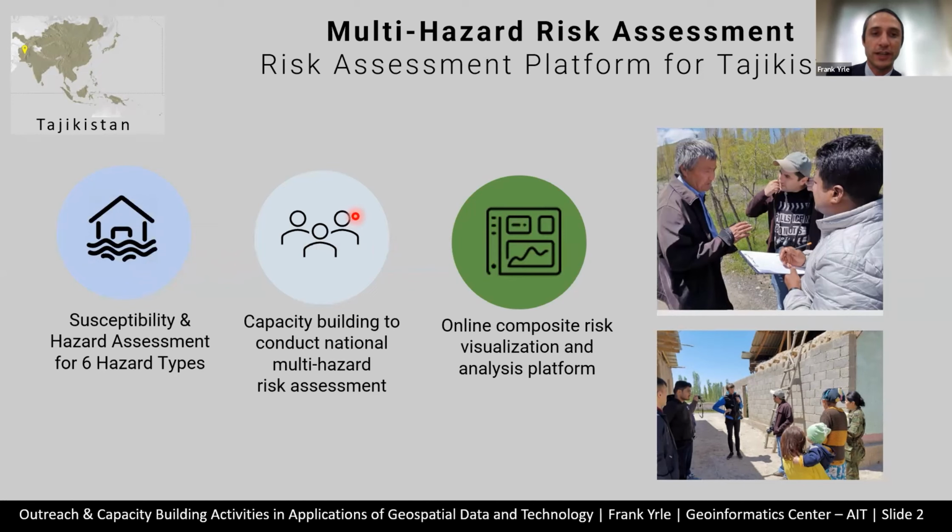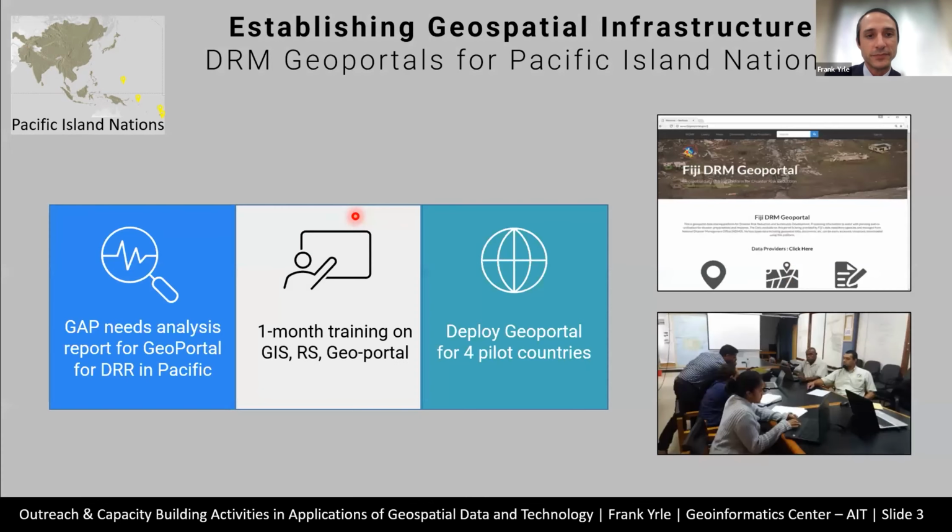With that training, they were taking the torch on that. And then we also had an online platform for composite risk visualization and analysis, which they later took over as well.